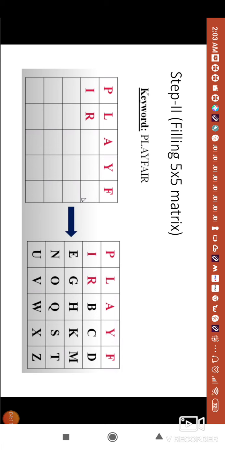And one more point, while filling the cells, the characters I and J occupy the same cell. We assume that the characters I and J occupy the same cell. So that's about the second step.